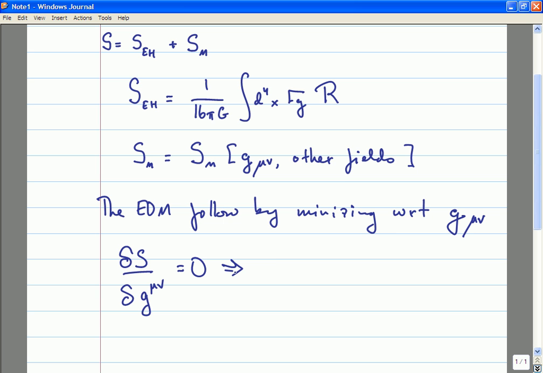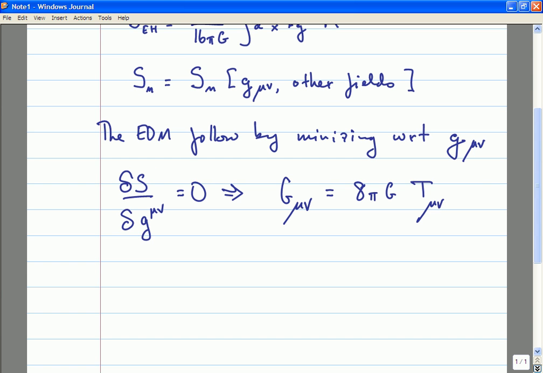And what you find is Einstein's equation. So the Einstein tensor, R mu nu minus 1/2 g mu nu times the Ricci scalar, is equal to 8 pi G times the stress tensor T mu nu. And T mu nu here is found by varying the matter action with respect to g mu nu.